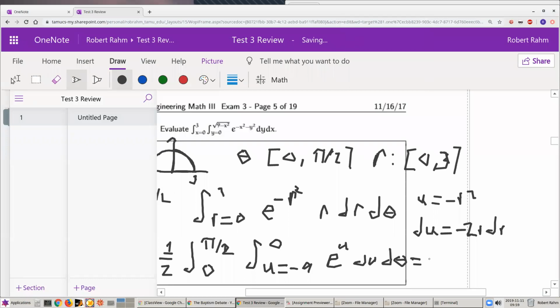And overall, this is equal to 1/2, that's a half, times pi over 2 times 1 minus e to the minus 9th.